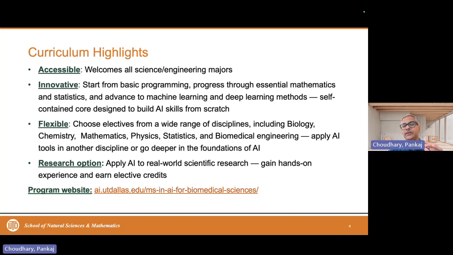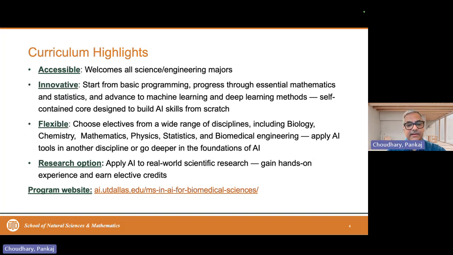Okay, so you have this flexibility that once you learn these core AI skills, you can integrate them with skills in some specific disciplines by taking courses focused on that particular discipline, or you can broaden your training across various disciplines. So you have that flexibility as part of the curriculum.